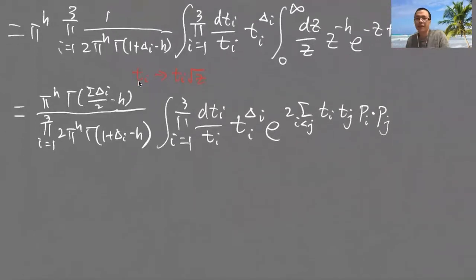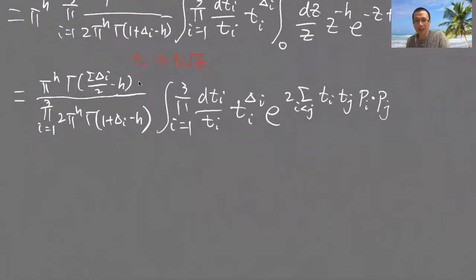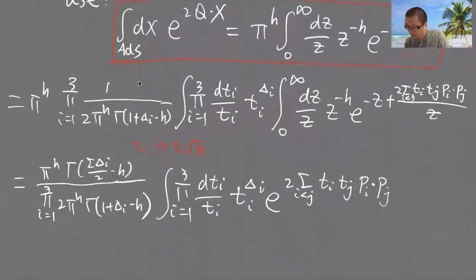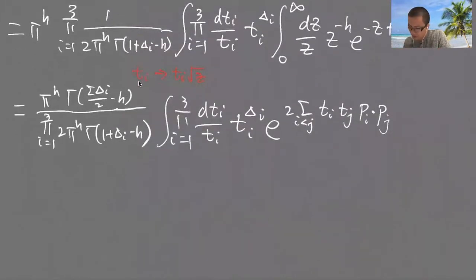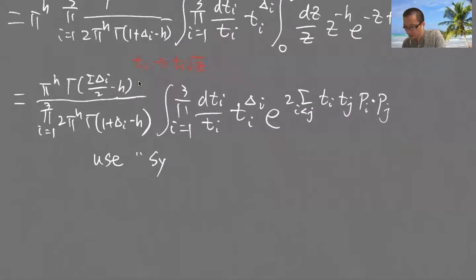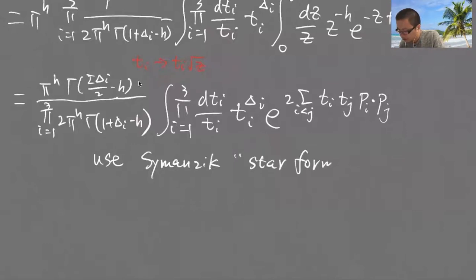We're almost at the end. To do the t integral, we will use another integral identity, which I'll give you as an exercise again, the so-called Symanzik star formula.